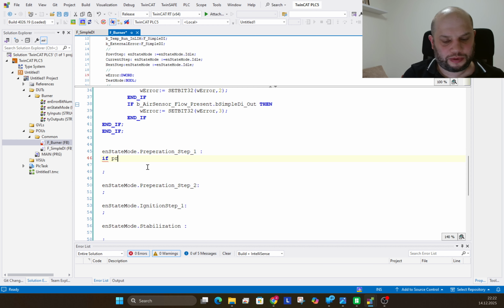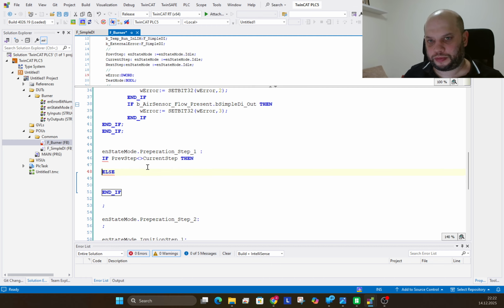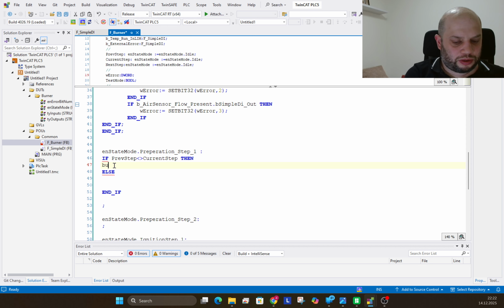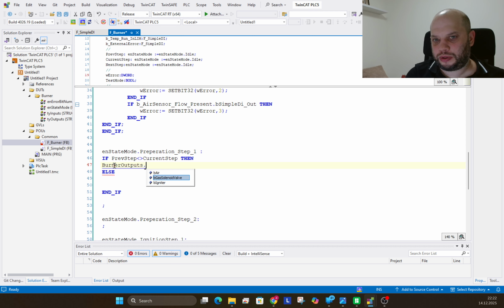So if a step not equal cooling step, so on the preparation I want to activate air. Burner output air. True.